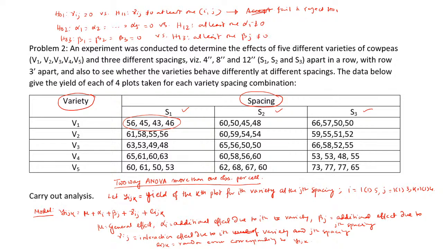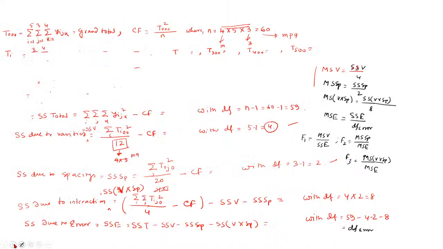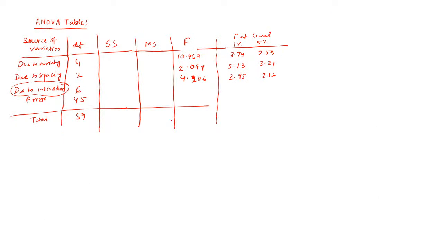Again, I repeat: if the interaction effect is absent, then you proceed to testing H02 and H03. Otherwise, you stop. So here we see that the observed F for interaction is significant. Why?